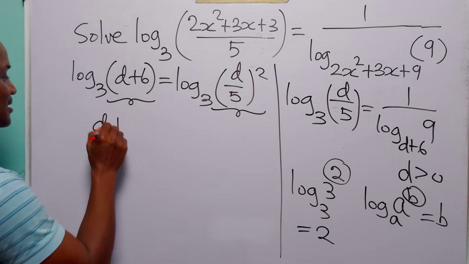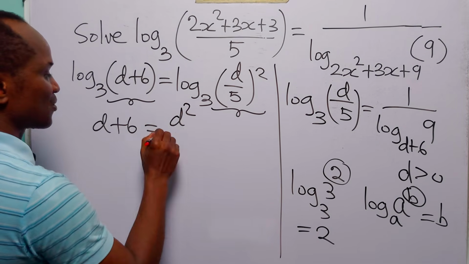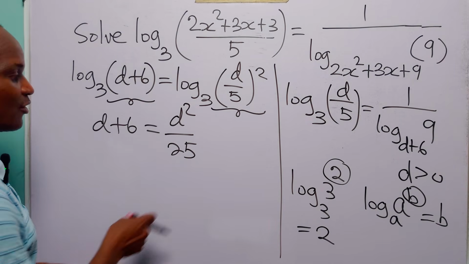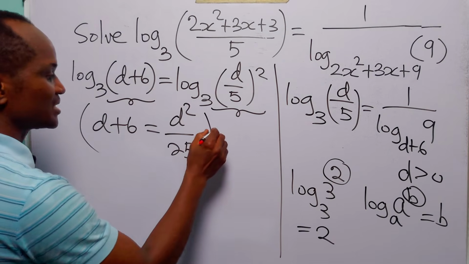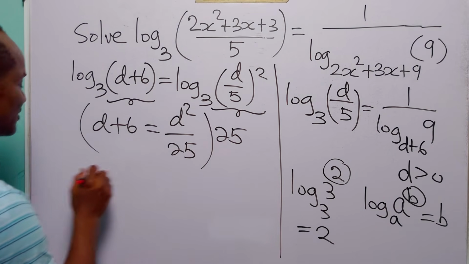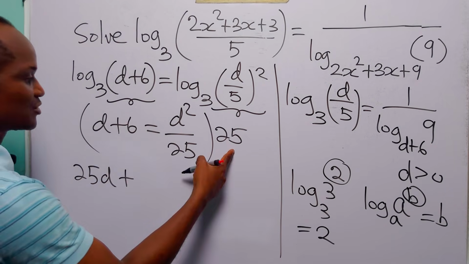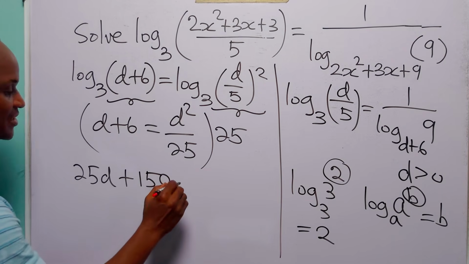So we have that d plus 6 is equal to d squared over 25. And of course, to get rid of this fraction on the right hand side, we multiply through this equation by 25. d times 25 is 25d. 6 times 25 is 150.